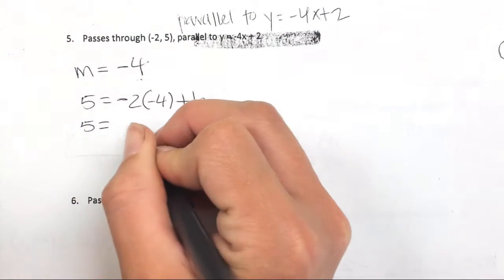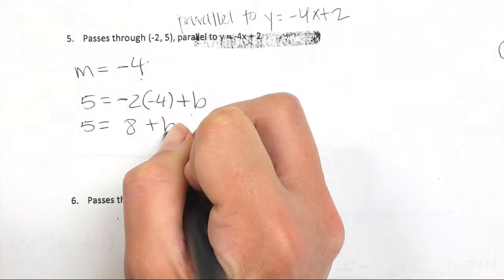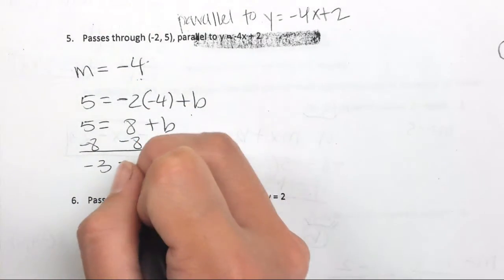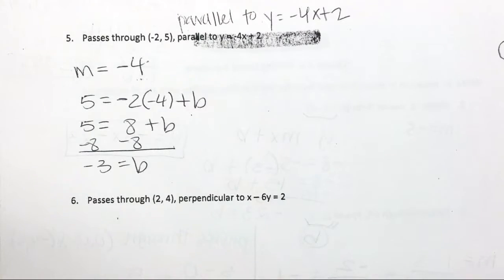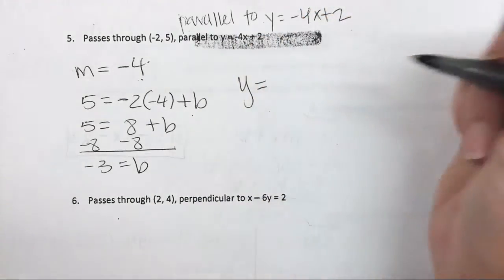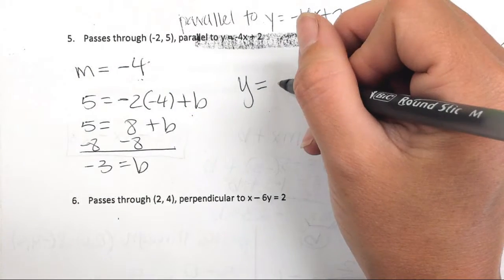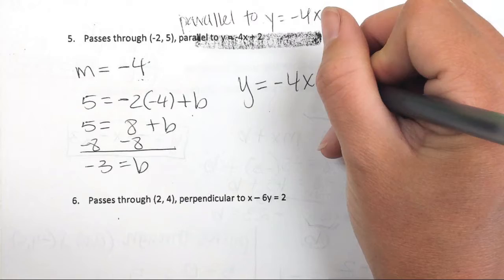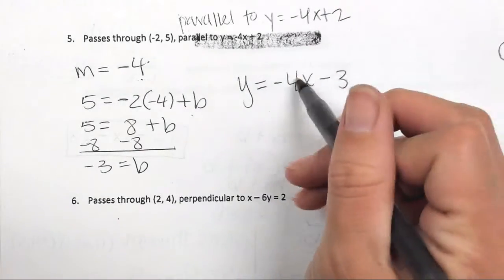So that would give us 5 equals what plus b? 8. And then we would subtract 8, and b would be negative 3. Good. So the equation for our line is y equals, what's our slope? Negative 4x minus 3. Very good.